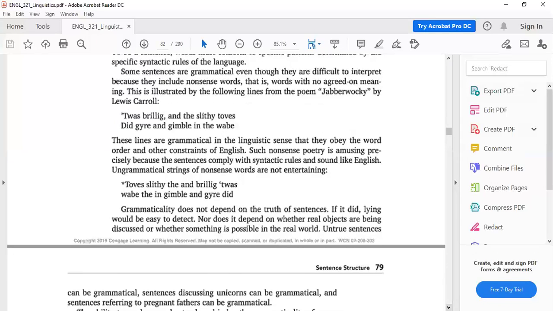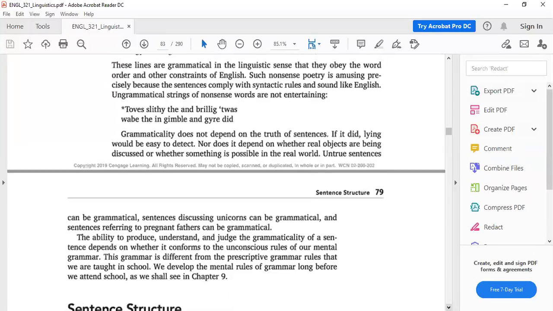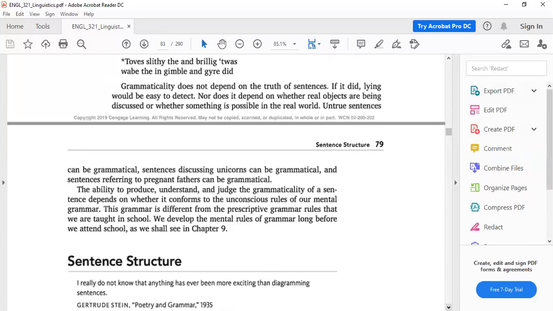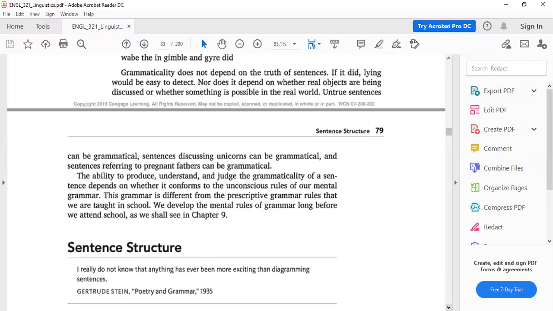I want you to know that here we said grammaticality does not depend on the truth values of the sentence.